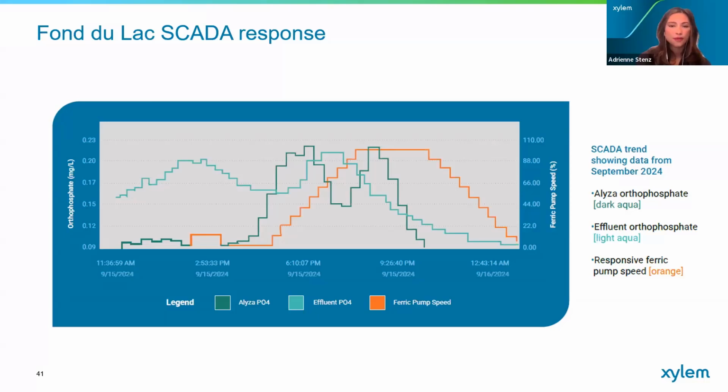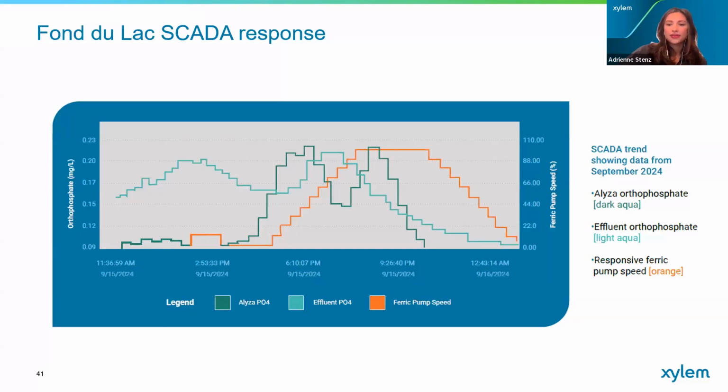Because ferric is dosed upstream of the analyzer, as ferric is added, it rapidly binds with soluble orthophosphate in that part of the system. The Alyza, which is installed shortly downstream, picks up this localized drop in PO4.